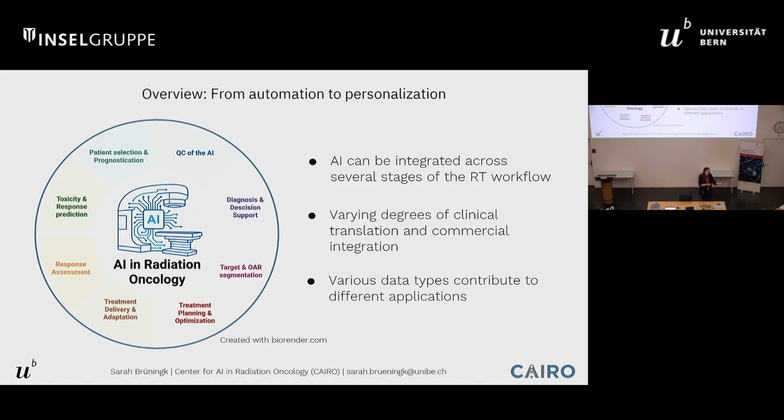Some are for the delivery of the treatment, so time is really of the essence. And then there's the whole part of response prediction, where we also harness multimodal data in order to improve the specific prescriptions for the patients, provide personalized predictions of response, and potentially also select the patients.